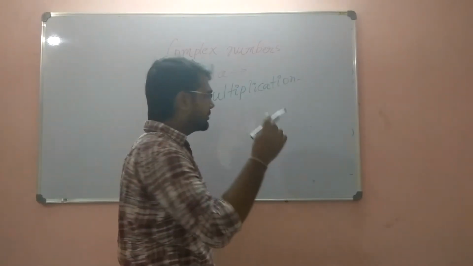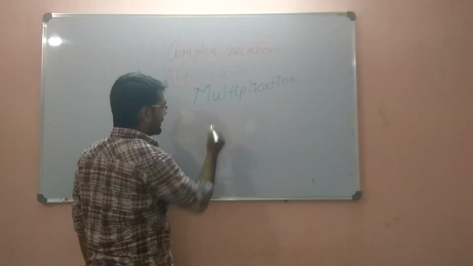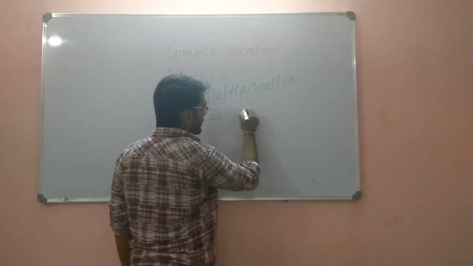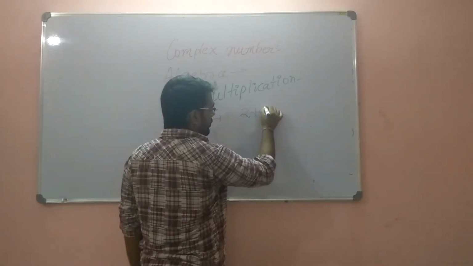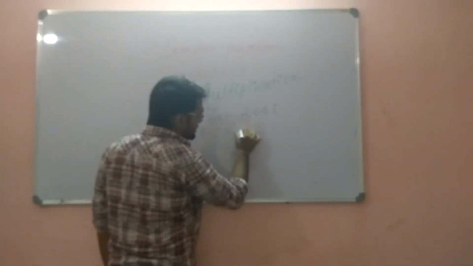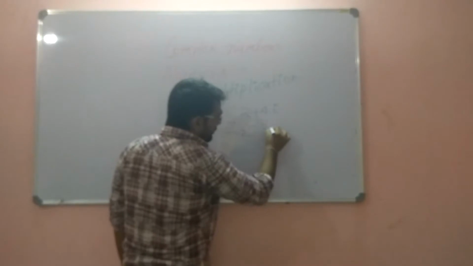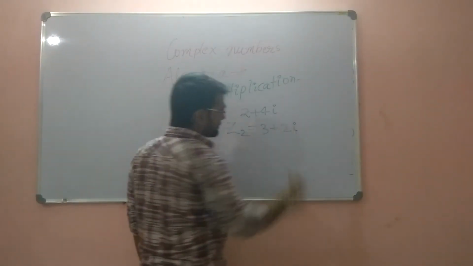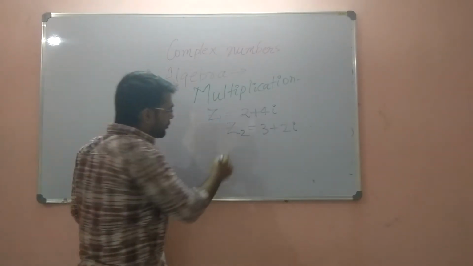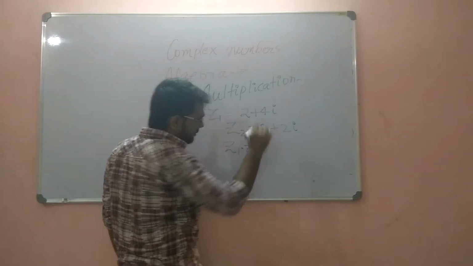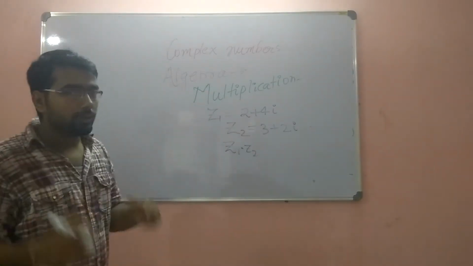Not similar, a little bit different. So suppose we have a first complex number Z1 equals 2 plus 4 iota, and we have the second complex number Z2 equals 3 plus 2 iota. If you want to multiply Z1 into Z2, how do we do it?